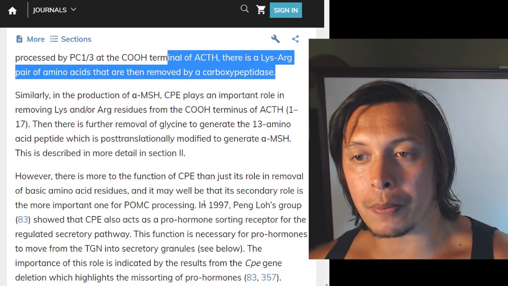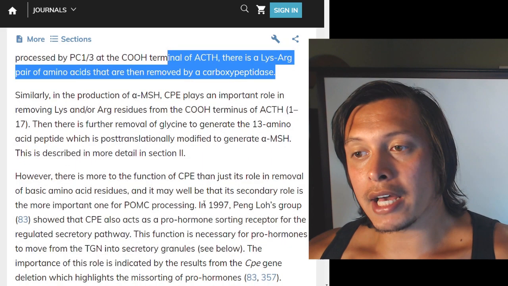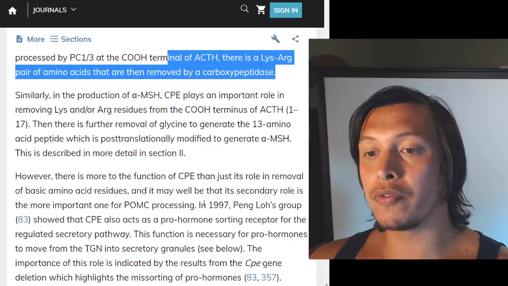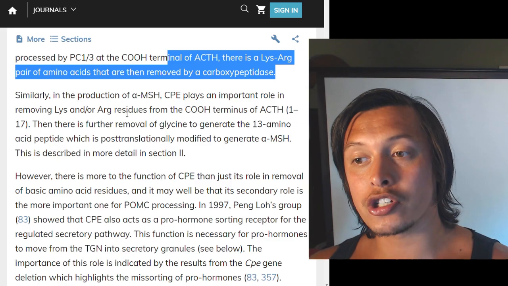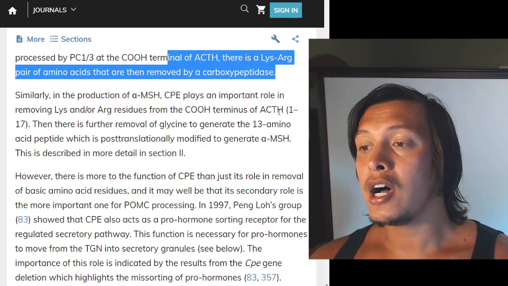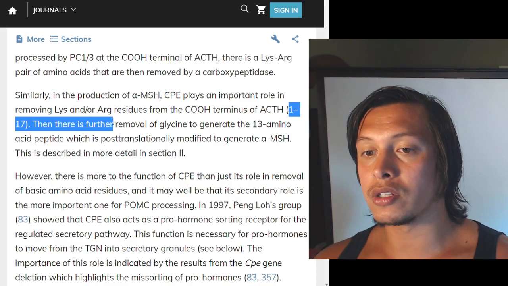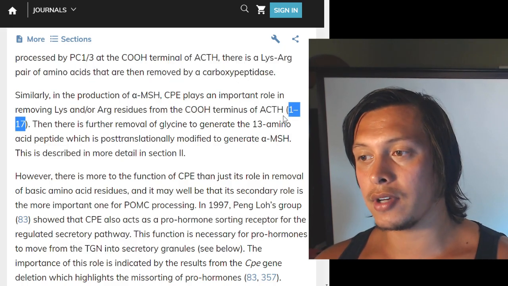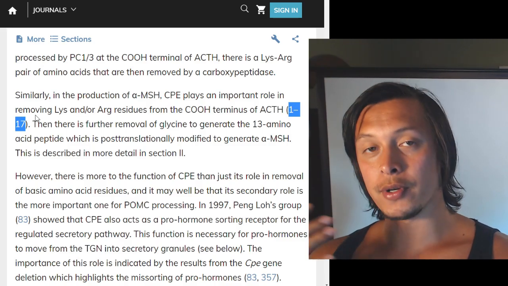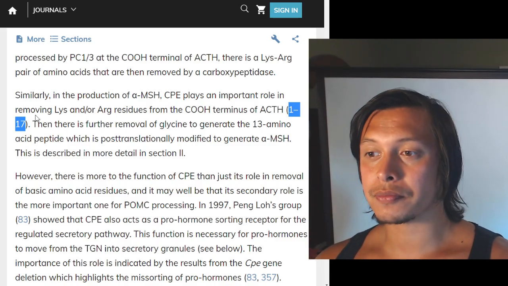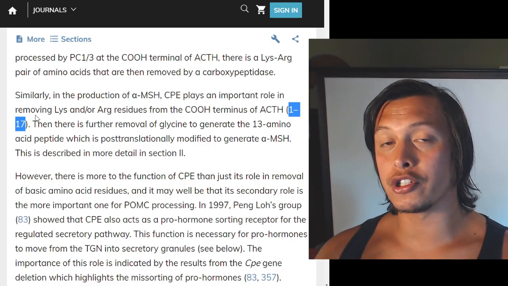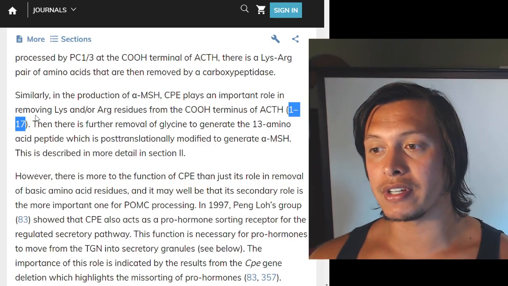Similarly, in the production of alpha melanocyte-stimulating hormone, CPE plays an important role in removing lysine and/or arginine residues from the carboxy or C terminus of ACTH 1 through 17. There's another cleavage site within ACTH which produces ACTH 1 through 17.